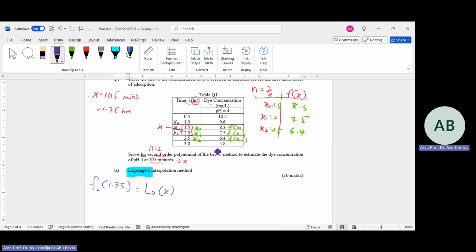L naught multiplied by f(x naught), plus L1 with f(x1), plus L2 with f(x2). Okay, that is your main function. You write out this function, get 1 mark. 1 or half.